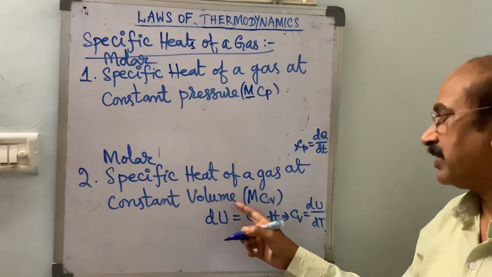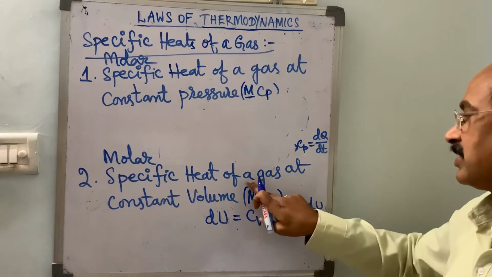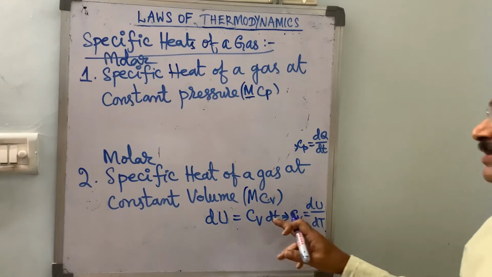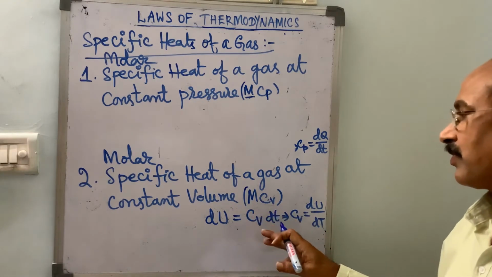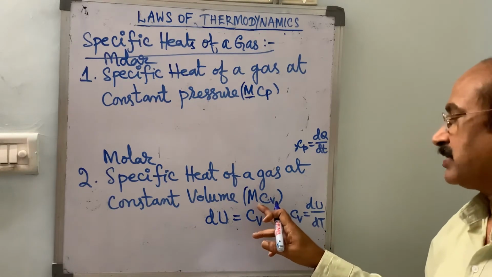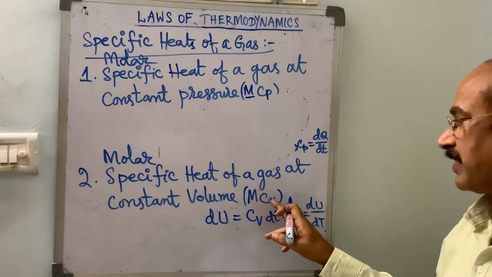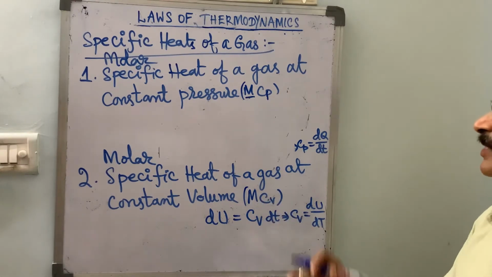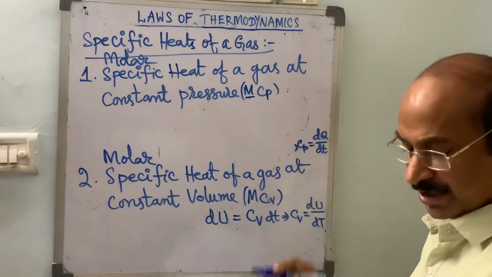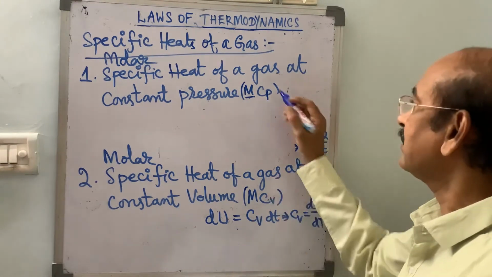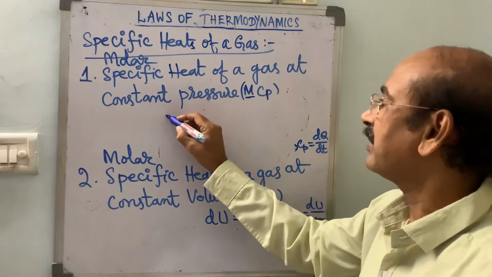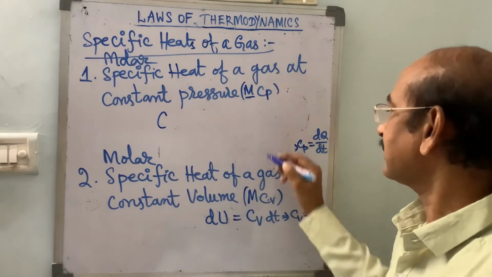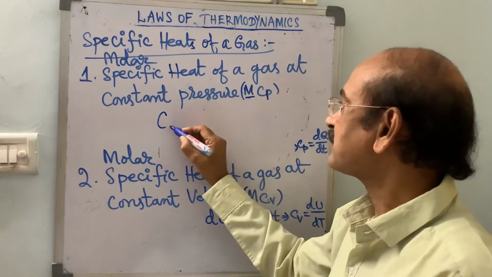Heat energy supplied to the system to increase the temperature of 1 gram molecule of gas through 1 degree Kelvin. So here it is mCp, and mCp is equal to m into Cv. Generally it is represented by capital letter Cp; here small letters Cp.